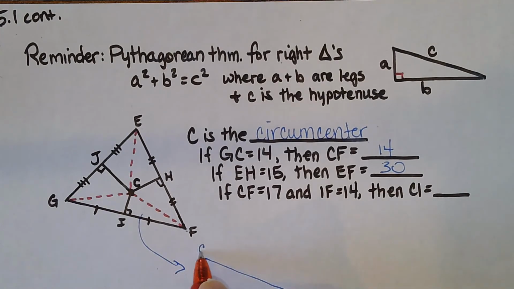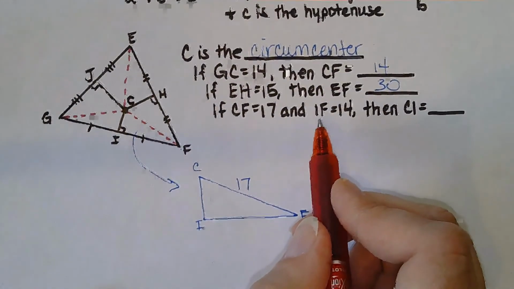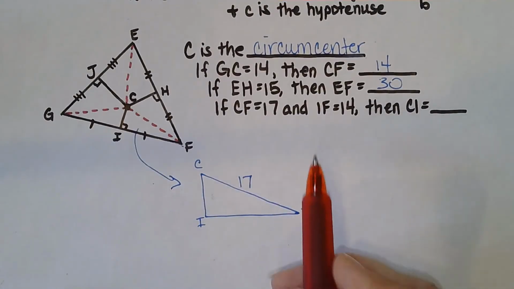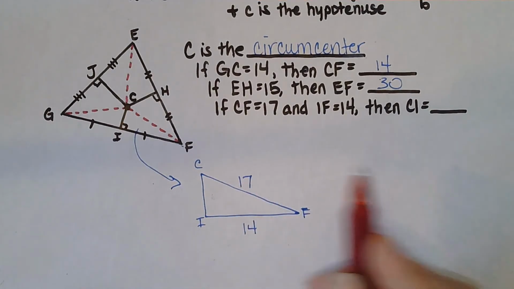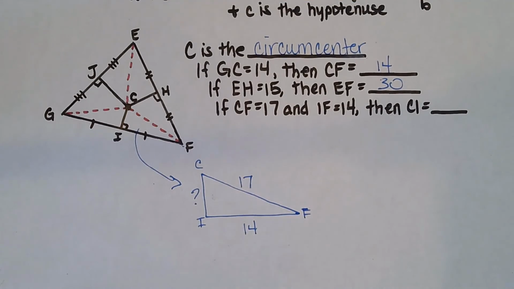All right, I've got C, I, and F. CF is 17. Maybe I should move this up so you can actually see what I'm doing here. IF is 14, and we want to know what CI is over here.